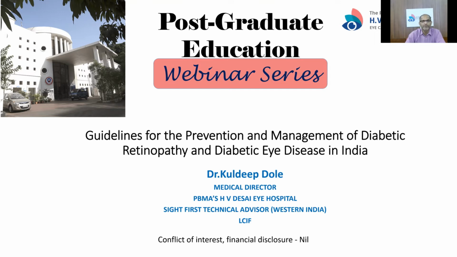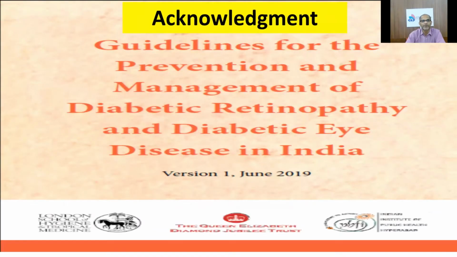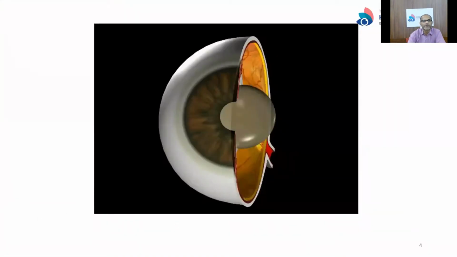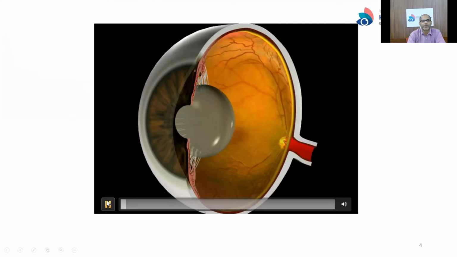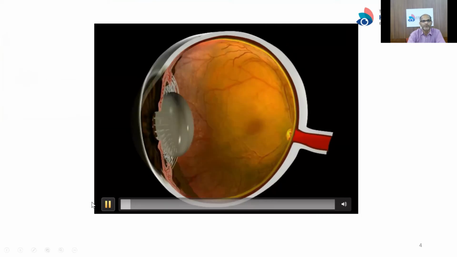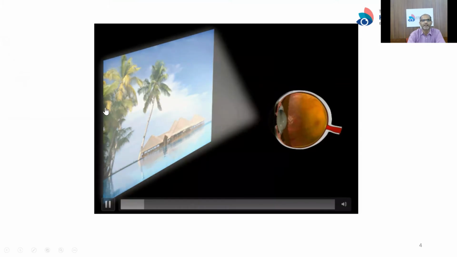Just to review what we are dealing with, I'm going to show you a few videos. So we all know that diabetic retinopathy progresses through a series of various activities at the retinal level.